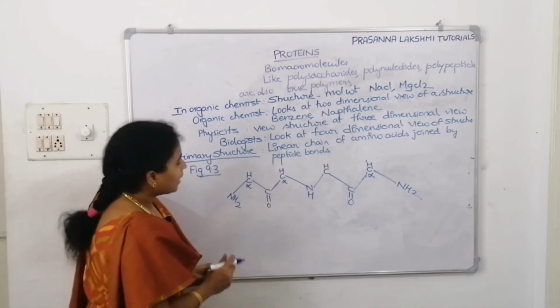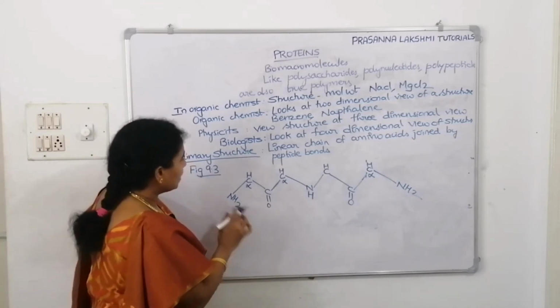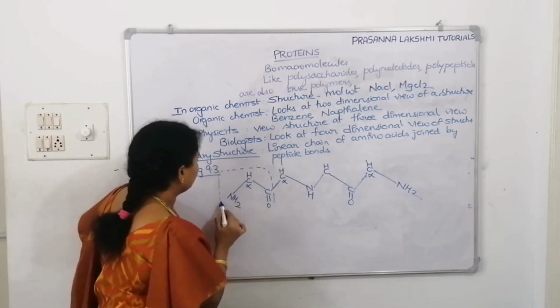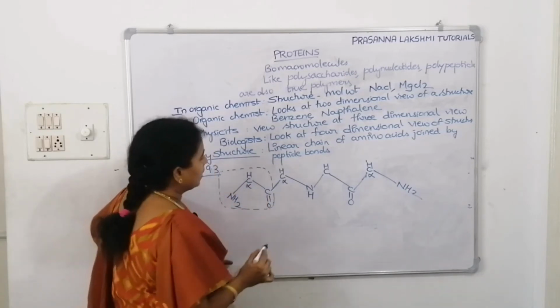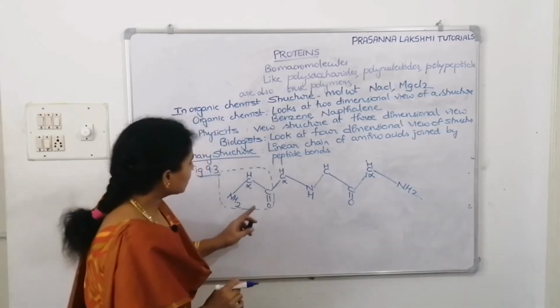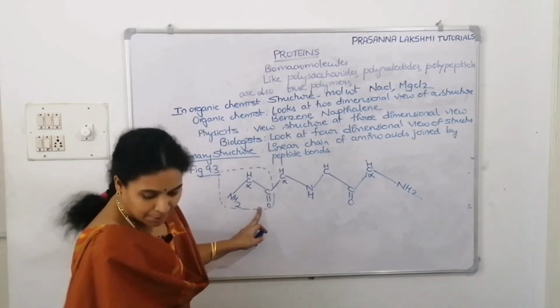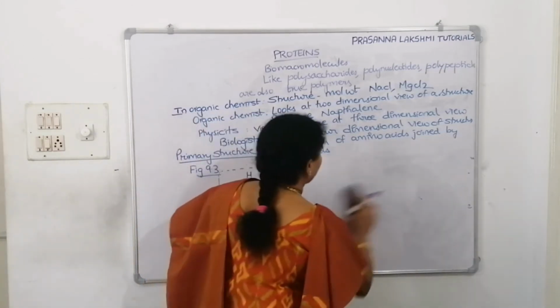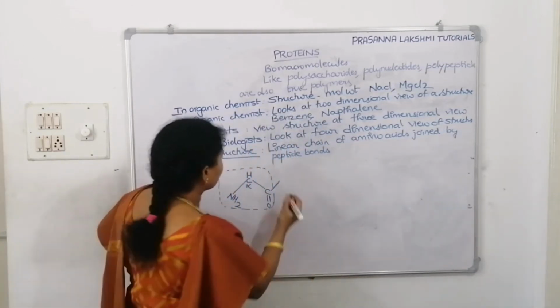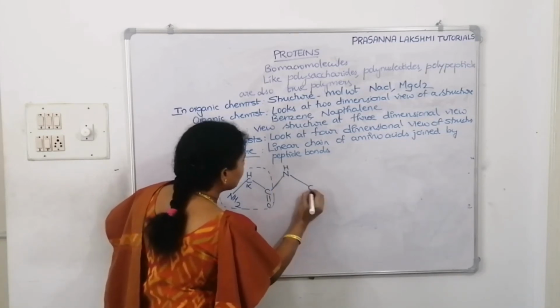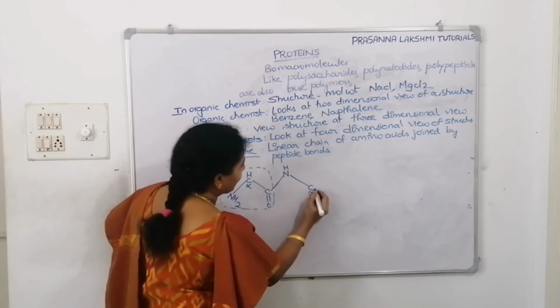Now see, I have drawn glycine. Till here, this is one glycine molecule, and another glycine molecule. C double bond O reacts with NH. If you give C double bond O here, then we need NH here, and then alpha carbon.